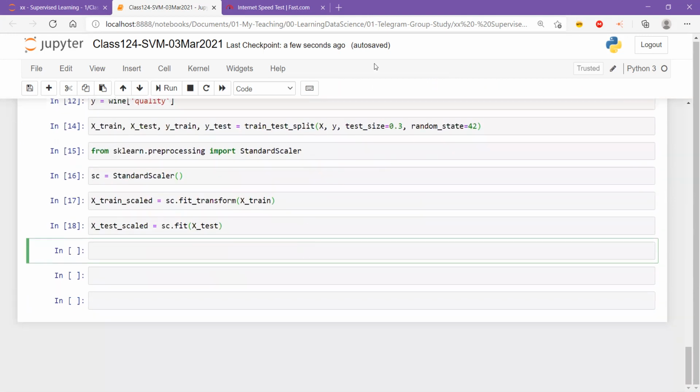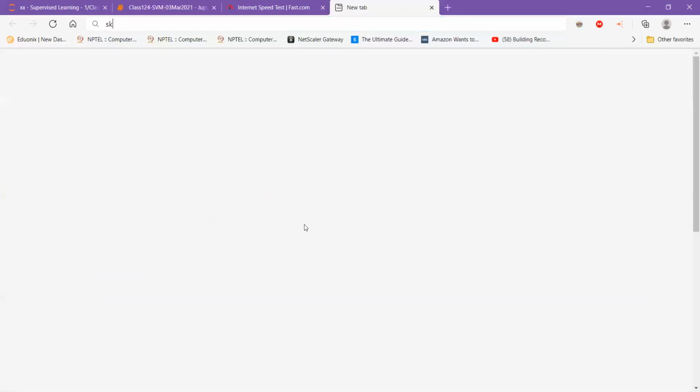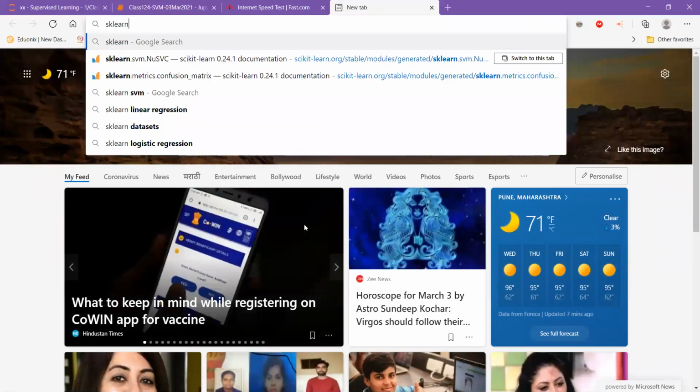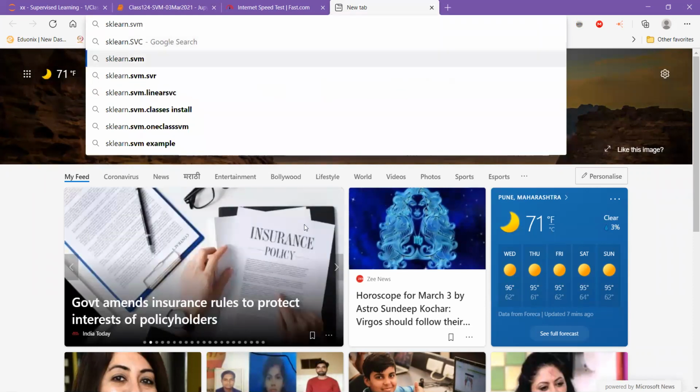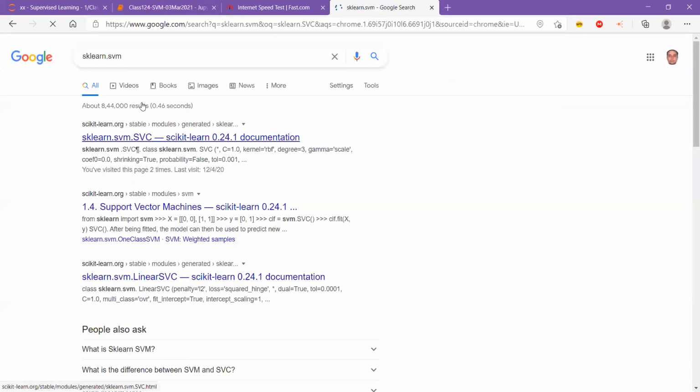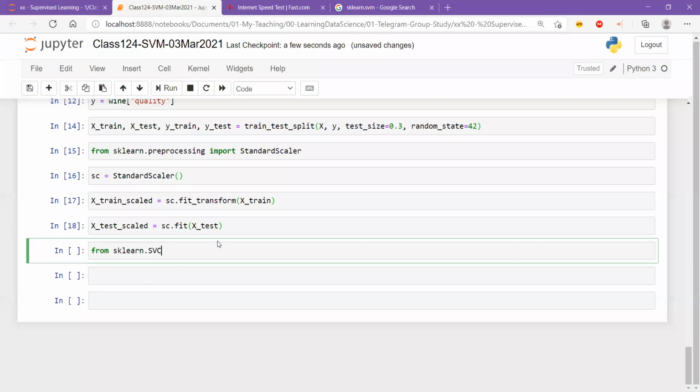So I think from sklearn.svm import SVC. Let me just quickly look into sklearn SVM. Yeah, it is SVM, import SVC.